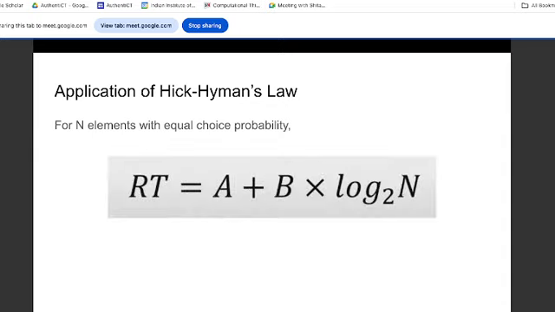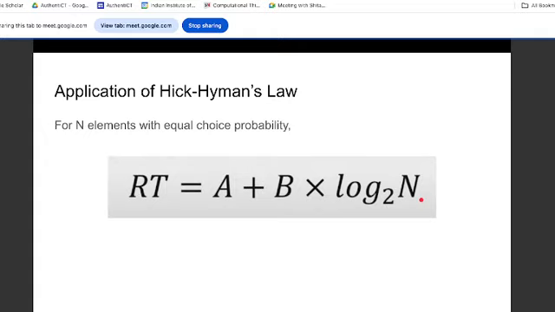So if there are n elements which can be chosen equally, I mean the choice probability doesn't differ, then for those n elements the reaction time can be given simply by this function: a plus b into log n to the base 2.